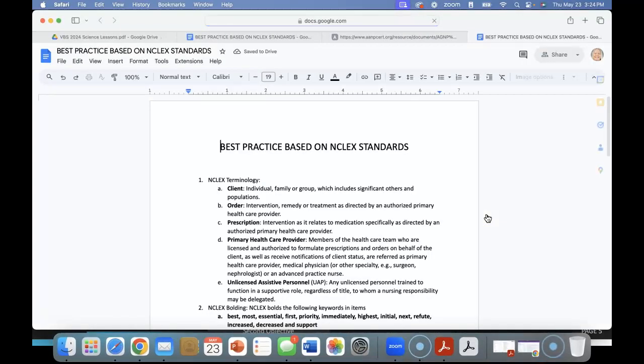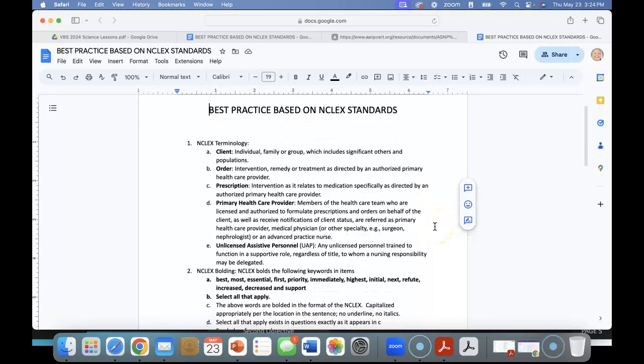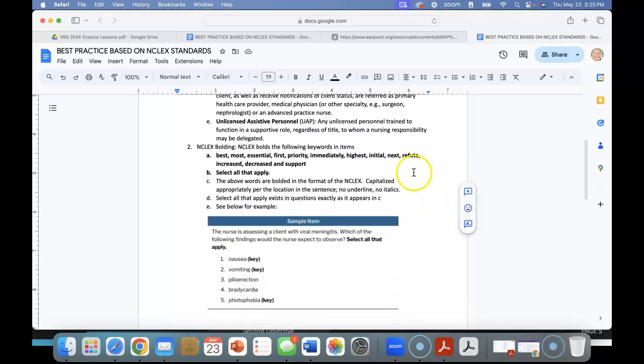And these are things like, I'm not going to read all of these to you. You do have access to this document in the Google Classroom, but things like using words like client instead of patient, using primary healthcare provider or primary provider instead of doctor or physician, what words you should bold, because that's the way that they do it in the standardized testing format, and how you should make those words look like select all that apply as opposed to capitalizing that phrase, for example.